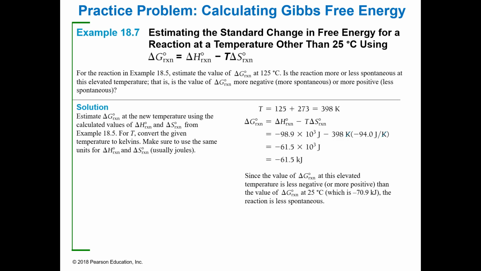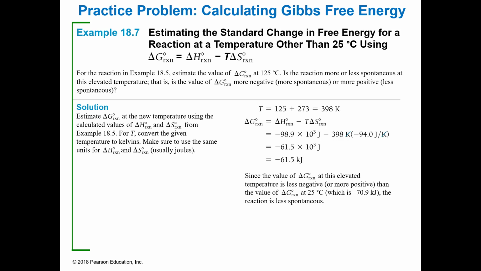And what did we say? When delta H is negative and delta S is negative, then temperature comes into play. And this is what you got to remember. If delta H is negative and entropy is negative, when does this reaction become spontaneous? At high temperatures or low temperatures?